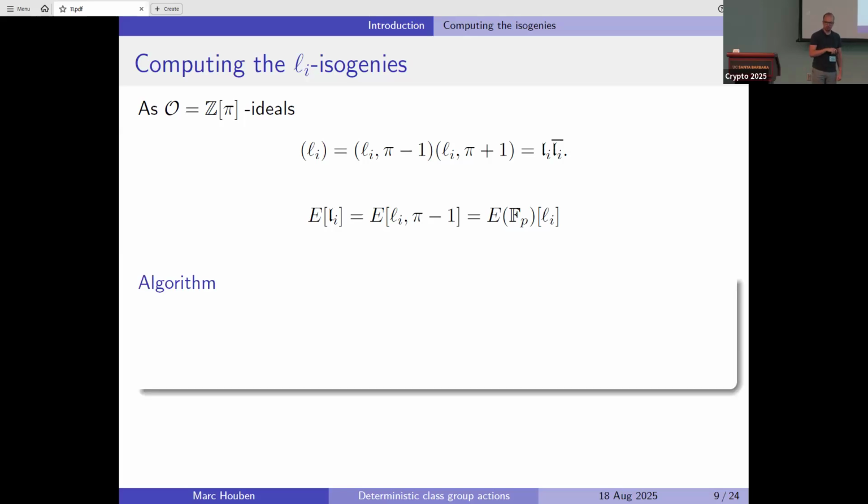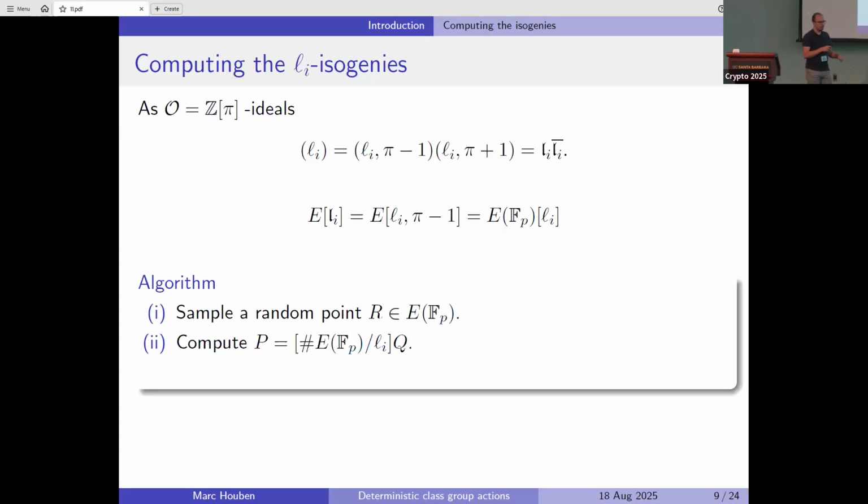So how can you possibly come up with this kernel? Well, here's an algorithm. We can take a random F_p-rational point. Then we multiply it by this so-called cofactor. And with a reasonable probability, we're going to get a point of order ℓ_i, which generates the kernel of the isogeny. The isogeny you can compute using something called Vélu's formulas.